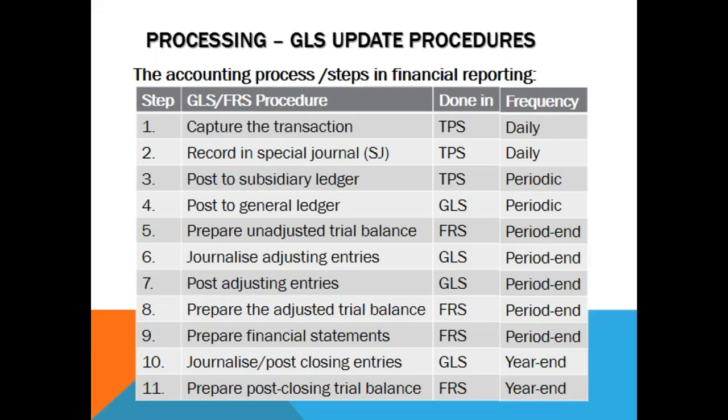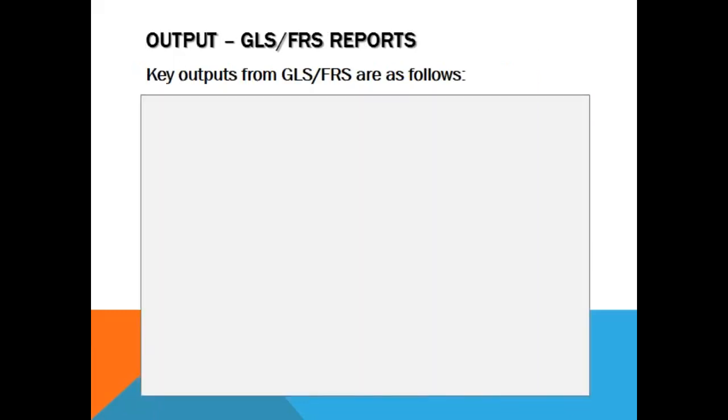Preparation of the financial statements is done monthly, while journalizing and posting closing entries are only done at the accounting year end. The FRS is the final step in the entire financial accounting process that begins in the transaction cycles.